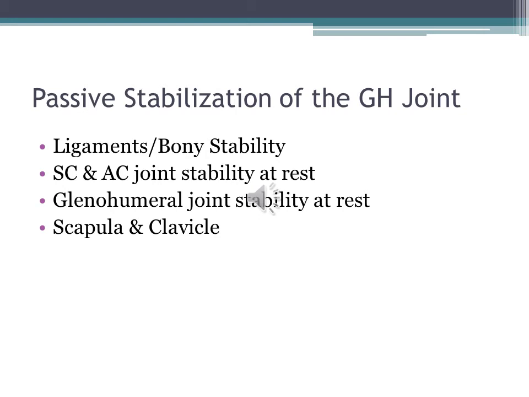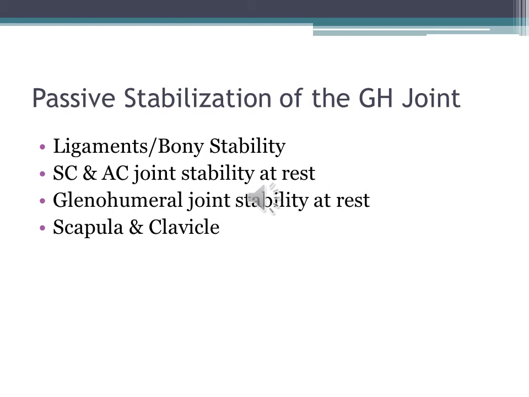So there's a negative atmospheric pressure in the capsule that further helps to provide some stability at the glenohumeral joint. Okay, so again, SC and AC joint at rest, ligamentous primarily. There is ligamentous support at the glenohumeral joint, but as you'll see when we talk about it, it's actually the dynamic stabilizers at the glenohumeral joint, referring to the actual muscles around the glenohumeral joint, that provide the bulk of the stability in general.